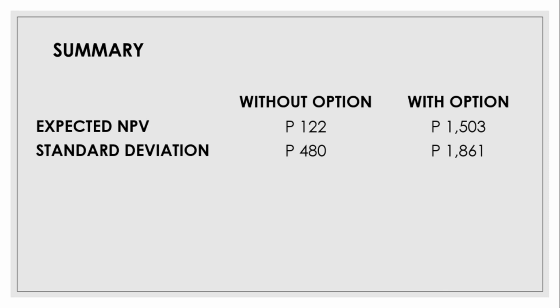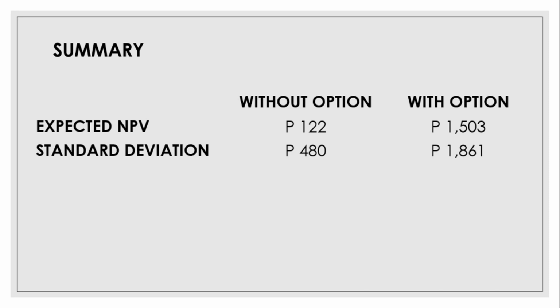But based on the concepts of statistics and previous topics in financial management, this is not how we compare two projects, primarily because, number one, they have two different investments.